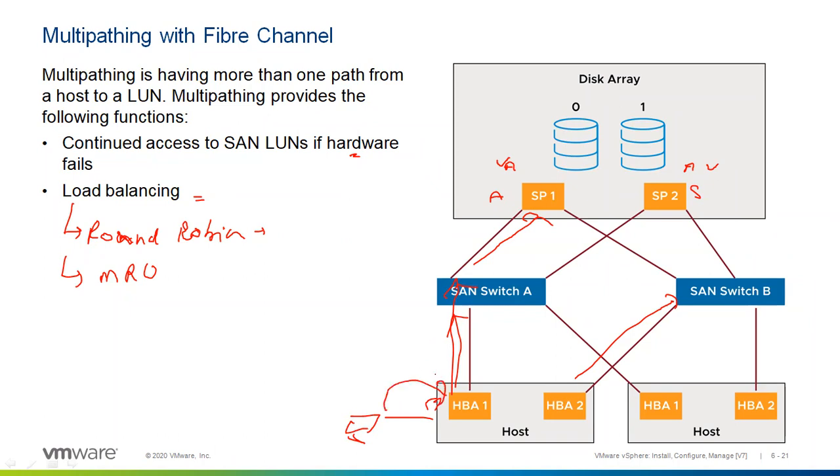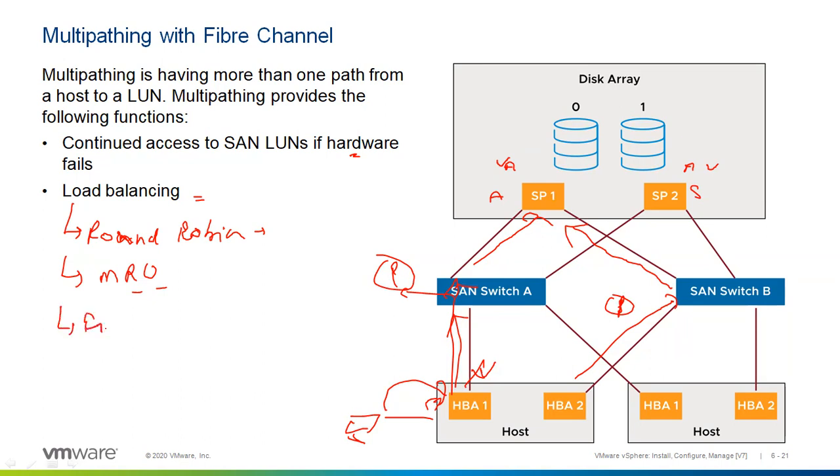It will always prefer the most recently used path. If this path fails for some reason, next time it will choose this path. And if this HBA comes back after some time, it will not fail back automatically, because again it will give preference to the most recently used path.